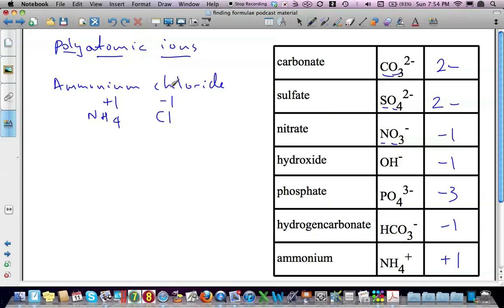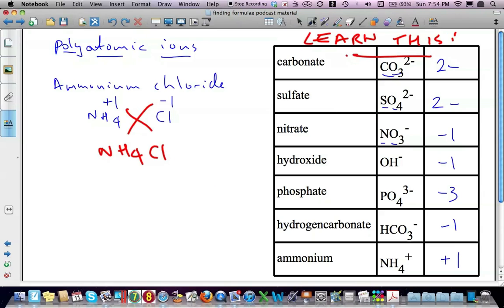Now note that you can get the chlorine from the periodic table, but you can't get these guys from the periodic table. You must learn these guys. You've got to learn this table. There's no other way around this. You will not get this in your exam. Cross over your plus and minuses, they'll cancel out, NH4Cl.